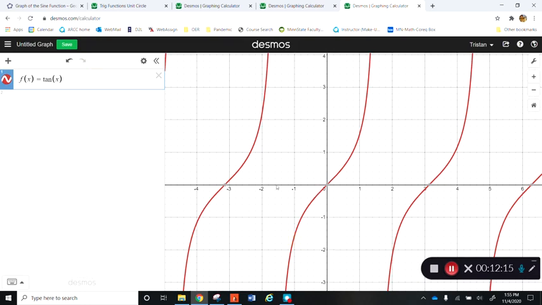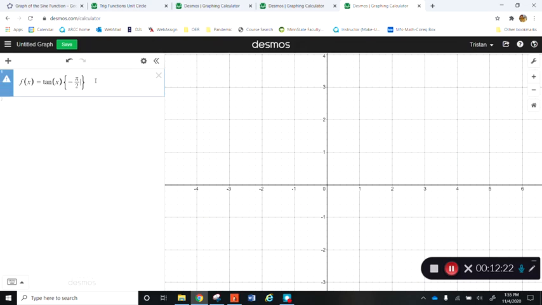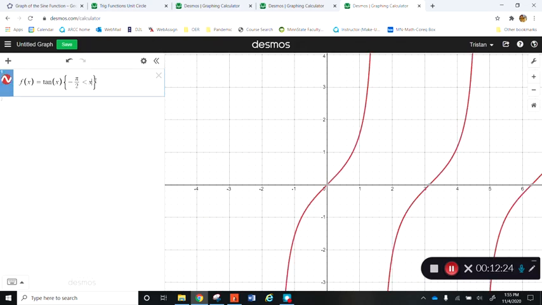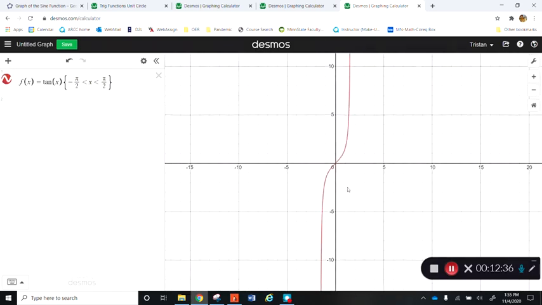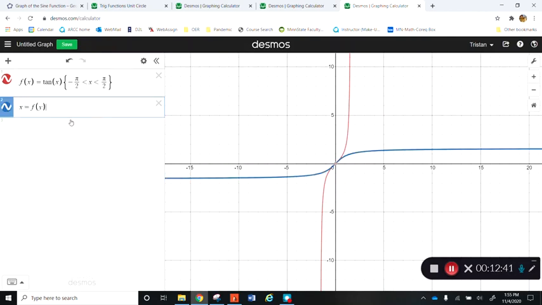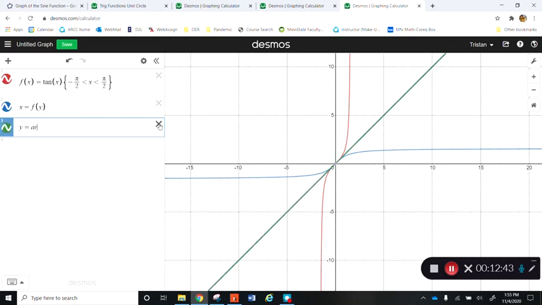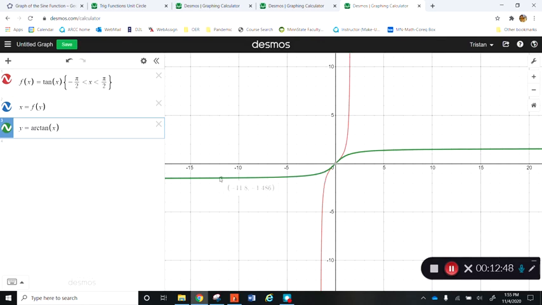The vertical asymptotes are at negative pi over 2 and positive pi over 2 here. So I want to take negative pi over 2 less than x less than positive pi over 2. I did less than instead of less than or equal to this time because tangent actually isn't defined at those endpoints. That gives me a restricted version, which is now one-to-one, which you can reflect and make your inverse. So that is the graph of arc tangent of x right there.